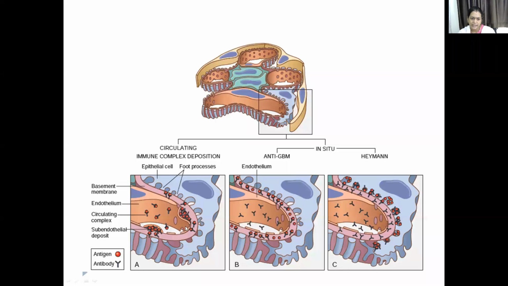So it's the endothelium, the visceral epithelial layer, and this is the basement membrane. These are the subendothelial deposits. And then here we are seeing the antigen antibody reaction on the glomerular basement membrane. This is the epithelial layer, so this is the subepithelial deposition of the antigen antibody.